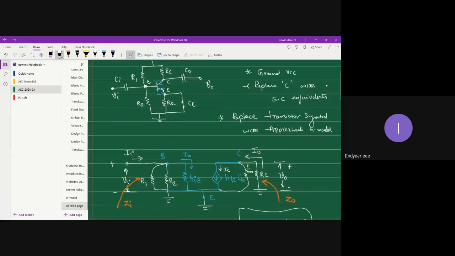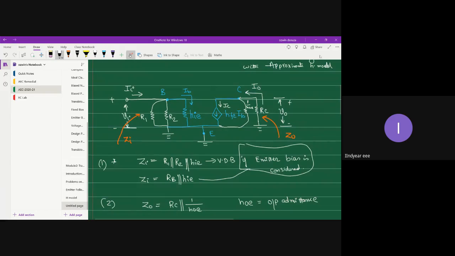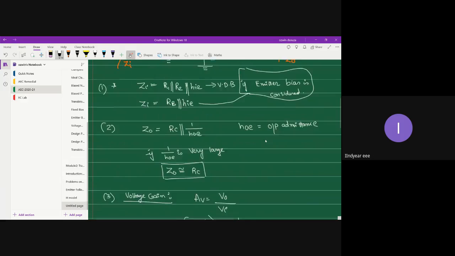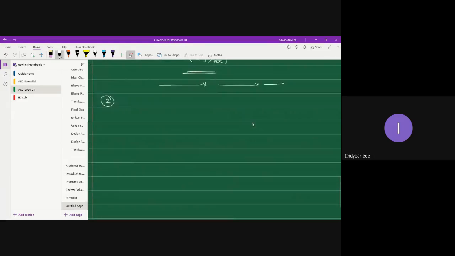Now I'll consider the second circuit, which is slightly more complex than the previous circuit. So I'll write voltage divider bias amplifier with unbypassed capacitor.